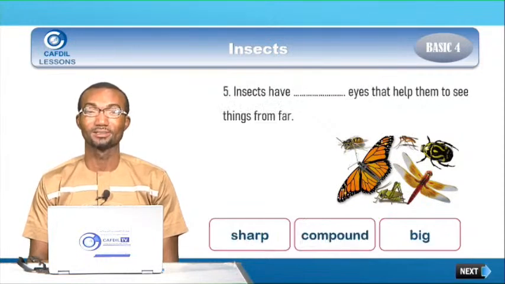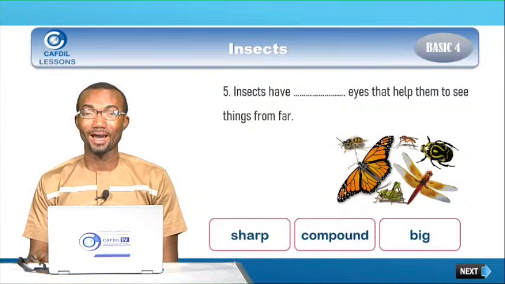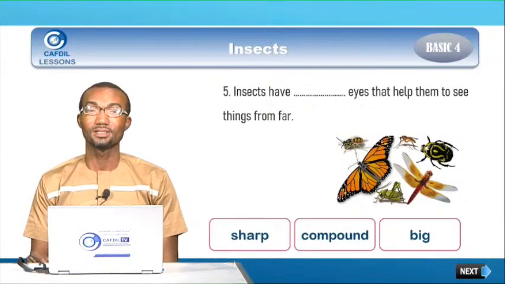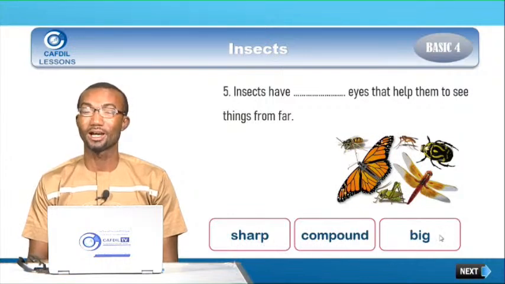Our last question. Insects have what eyes that help them to see things from far? Sharp eyes, compound eyes, or big eyes? Good. Compound eyes. Very good.